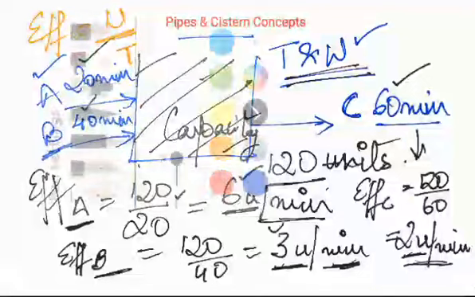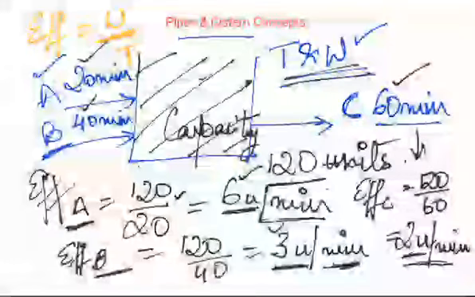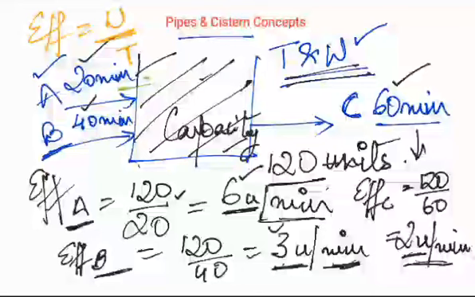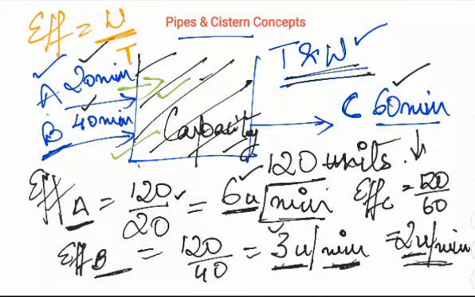Now, if we know these efficiencies, and we are given that pipe A started initially, after 3 minutes pipe B is opened, and thereafter after 10 minutes pipe C is also opened, in how much time is the tank filled, something like that. We have already calculated the efficiencies.